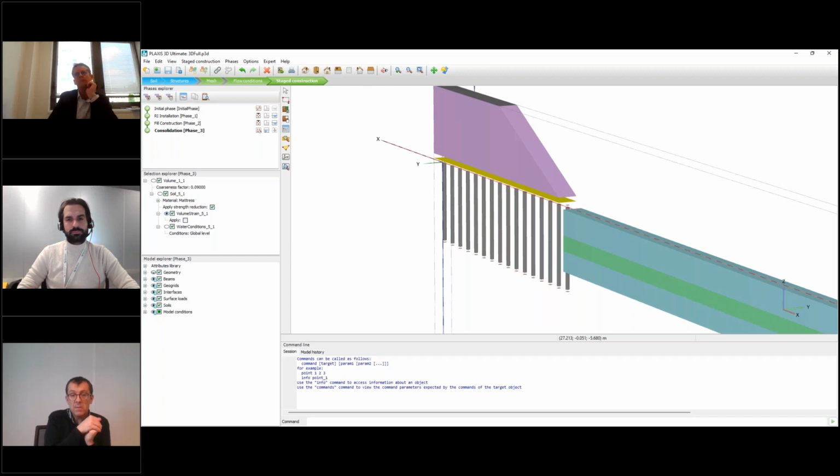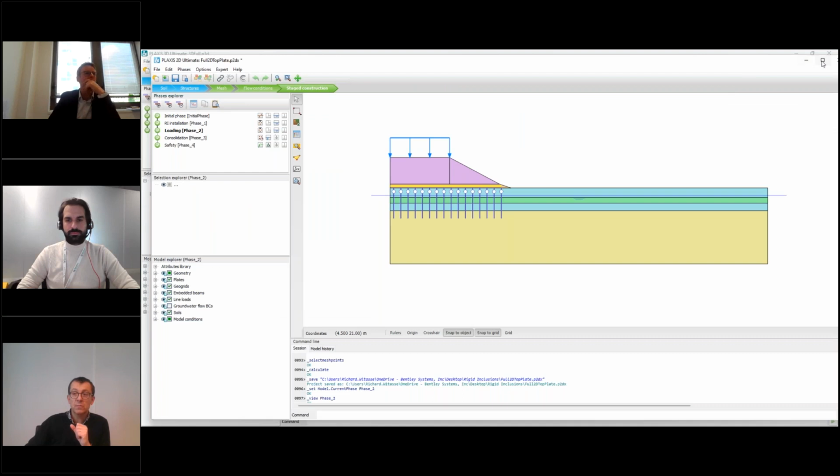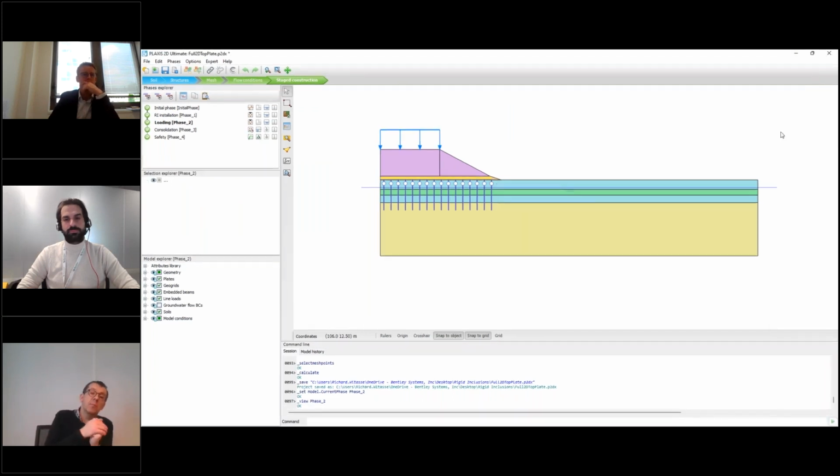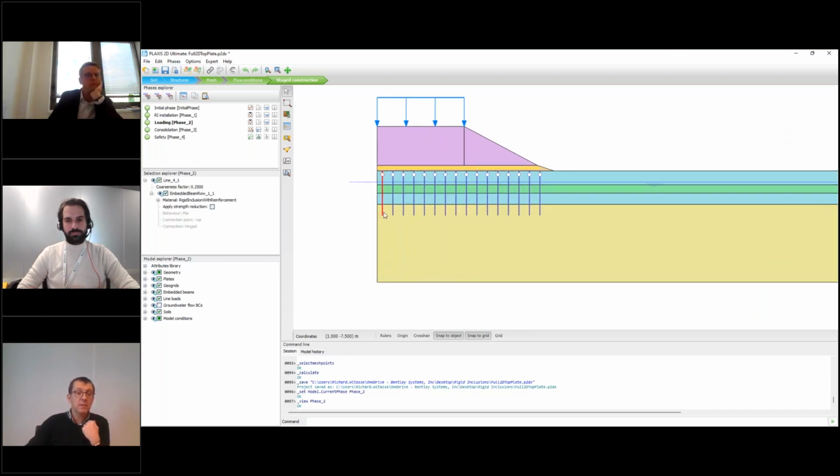So usually many people, especially when many cross sections must be analyzed, prefer to use PLAXIS 2D. Let me open briefly a model in PLAXIS 2D. This is how the same model looks in a PLAXIS 2D situation, where one can see clearly that the rigid inclusion is represented by an embedded beam row element, to be precise.